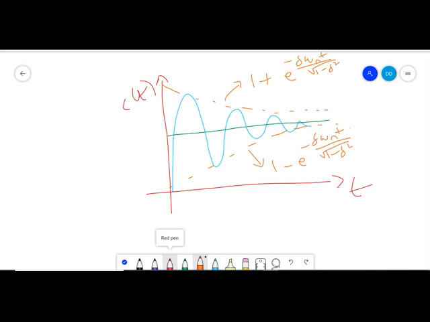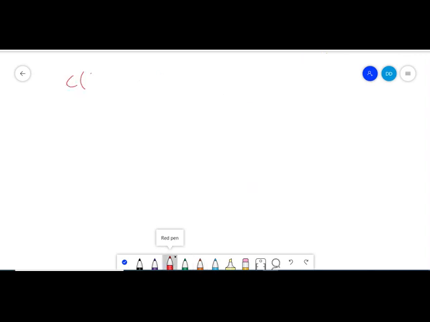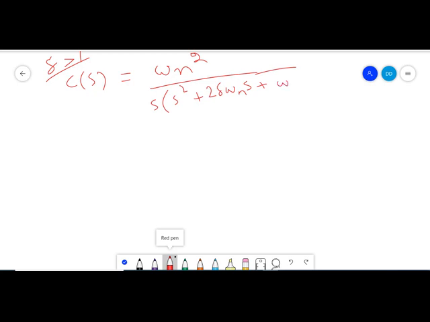So the last case is overdamped, where zeta is greater than 1. So we have, for delta greater than 1, C of S is equal to omega n square divided by S into S square plus 2 delta omega n into S plus omega n square.